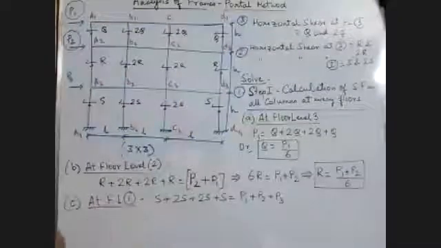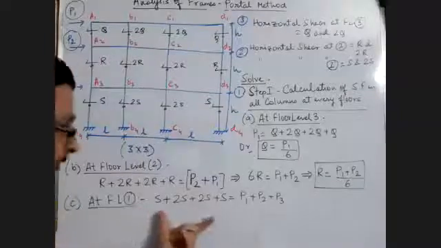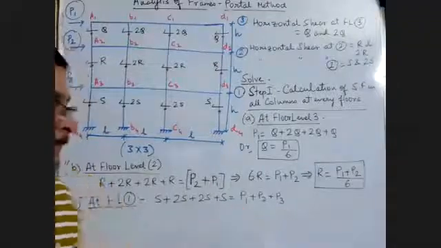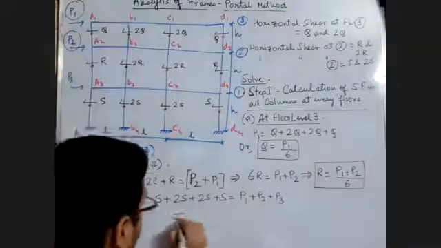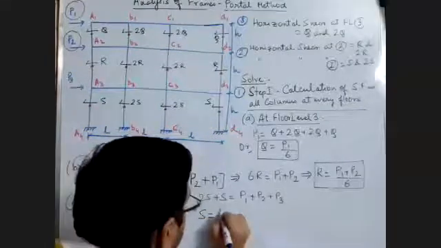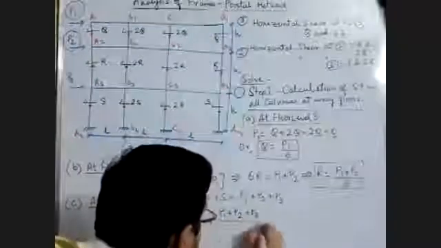That is floor level 1. So floor level 1, all this adding is P1 plus P2 plus P3. From that we can see S equals P1 plus P2 plus P3 divided by 6.